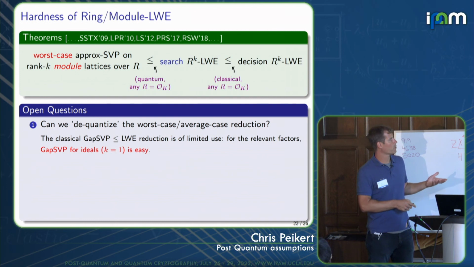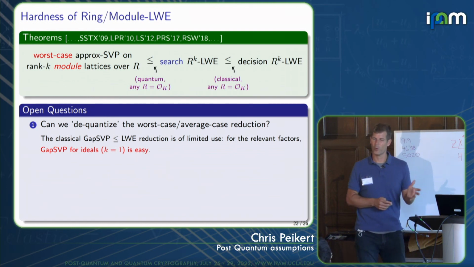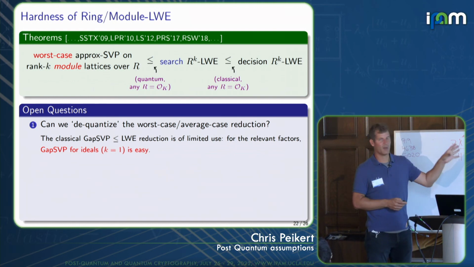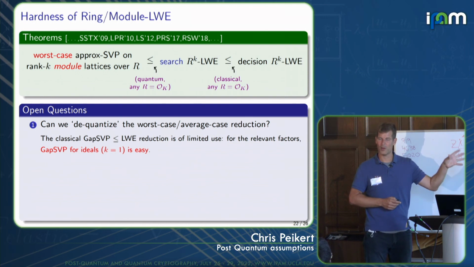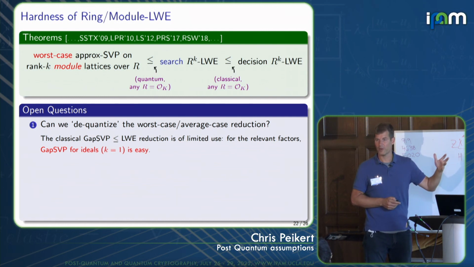The classical reduction is not meaningful in this case, at least for the ring LWE case, just because this problem here, this gap SVP problem, is actually easy for the relevant parameters. So that's also a weird thing. One of the main problems we use in the unstructured case now becomes easy in the structured case. Some of the other problems still seem to be hard, so who knows?